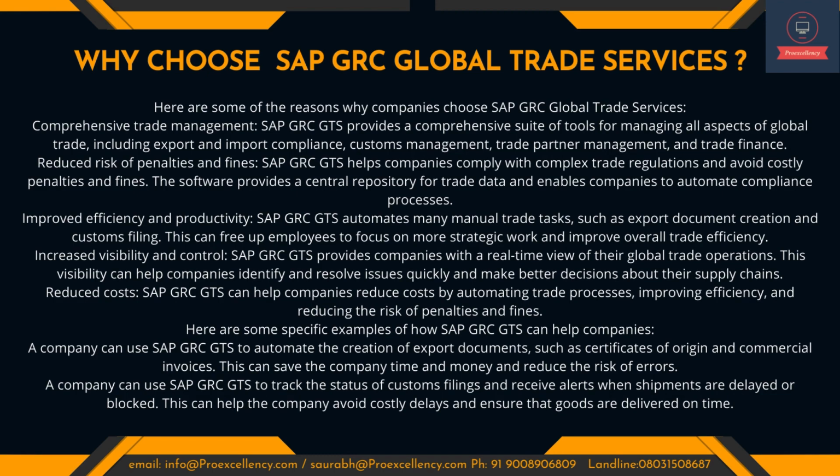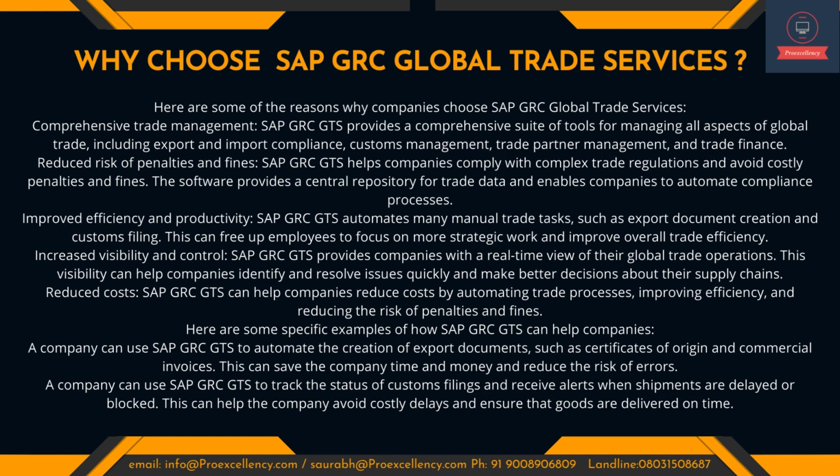Increased visibility and control. SAP GRC GTS provides companies with a real-time view of their global trade operations. This visibility can help companies identify and resolve issues quickly and make better decisions about their supply chains.